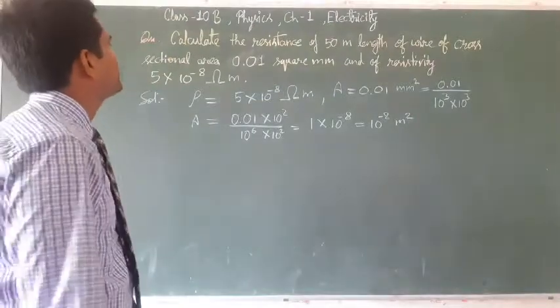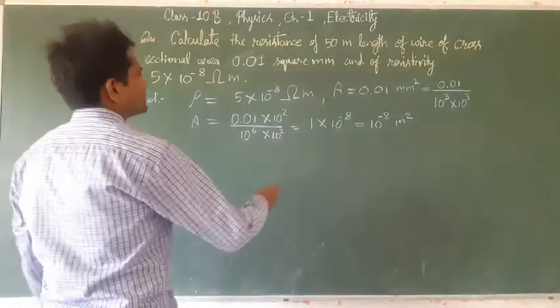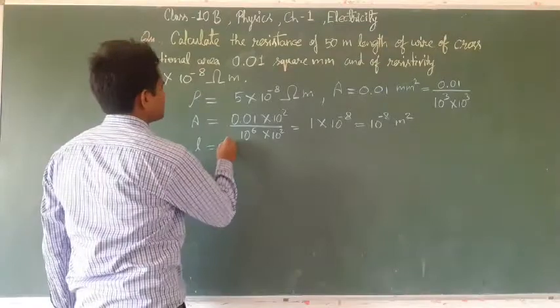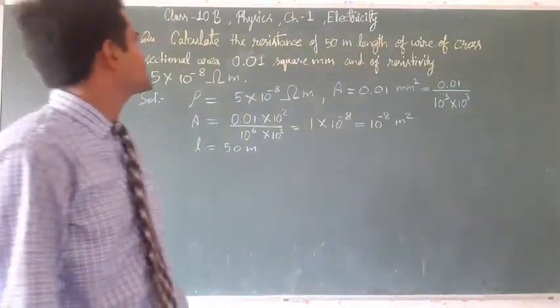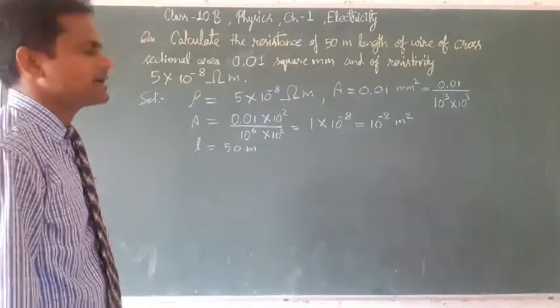Now what we have to find out? Here length of wire is given that 50 meter. You have to find out the resistance of the wire.